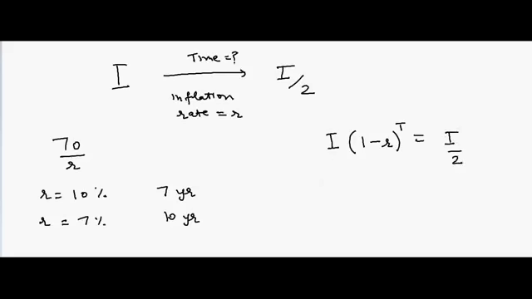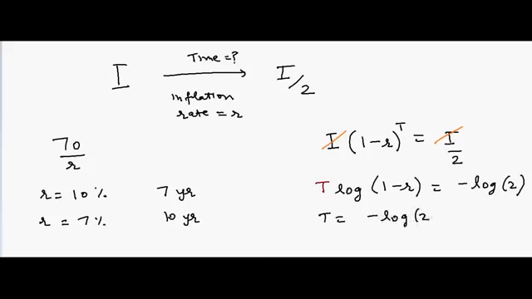So if we solve this equation, then the I would cancel out, and we will have T times log of 1 minus R is equal to minus log of 2, right? So T will be equal to minus log of 2 divided by log of 1 minus R, right?